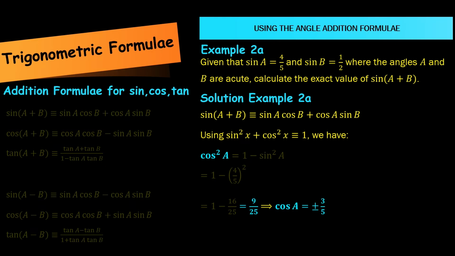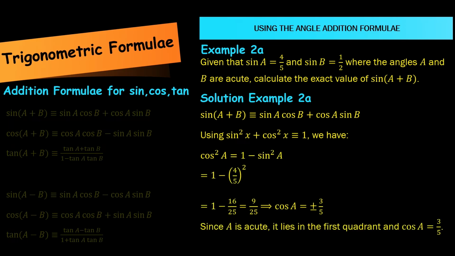So cos squared A equals 9 over 25 implies cos A equals plus or minus 3 over 5. Now, since A is an acute angle, it lies in the first quadrant, and therefore cos A equals plus 3 over 5.